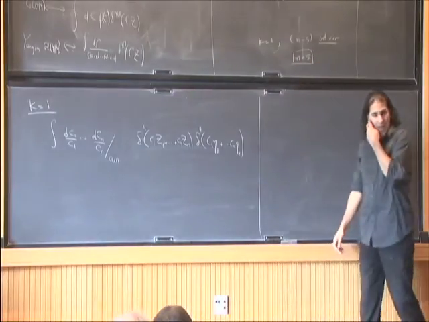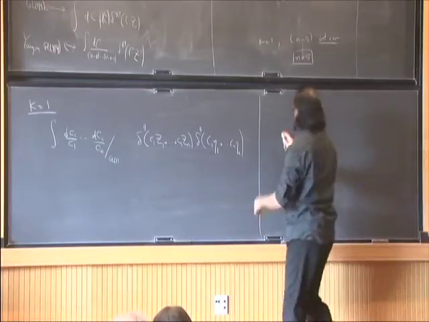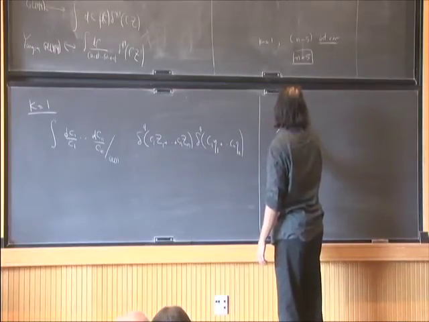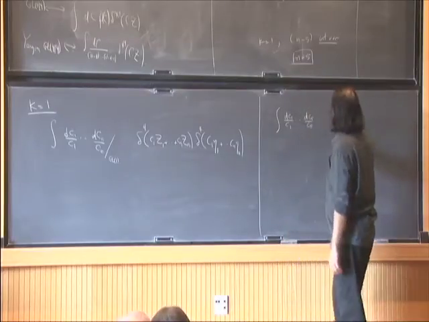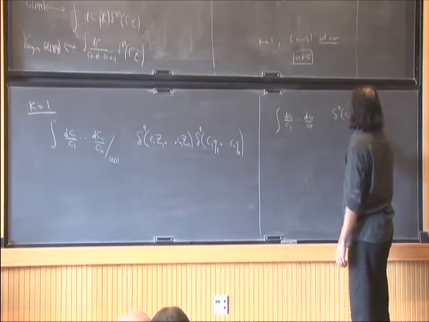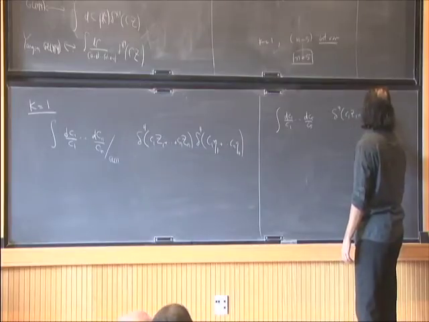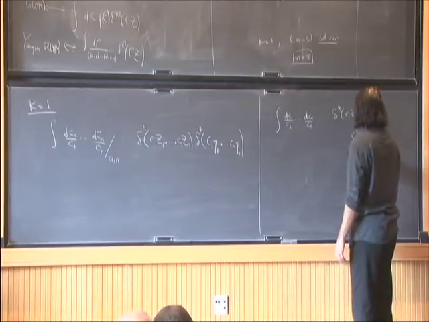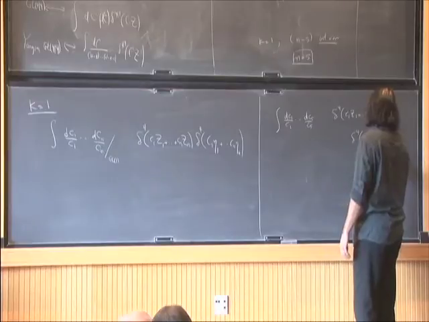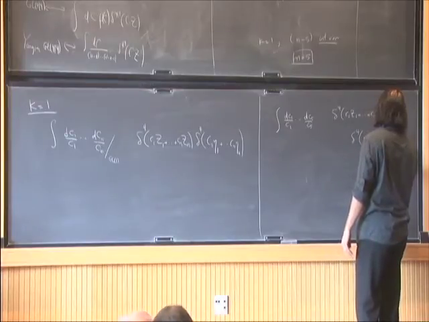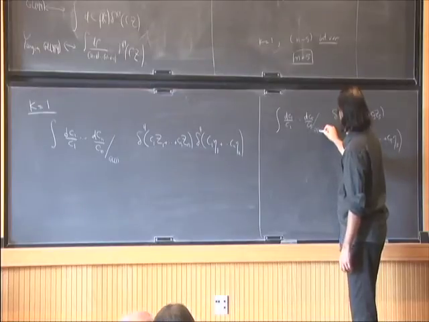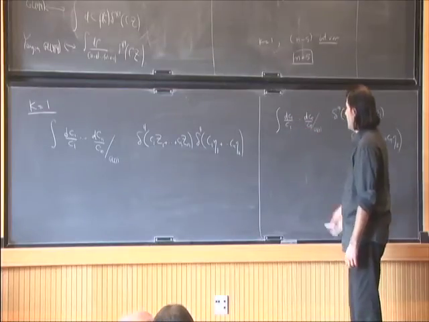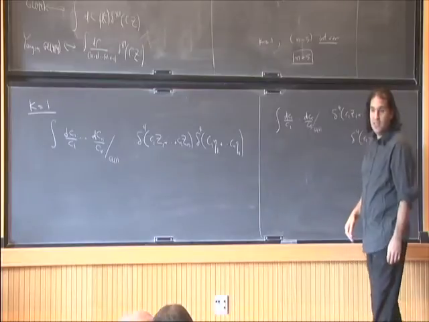If n equals 5, then I have dc1 over c1 up to dc5 over c5, delta^4 of c1 z1 plus ... c5 z5, delta^4 of c1 eta 1 plus ... c5 eta 5. Now, this modulo GL1, I can use to set any one of these c's to 1. Let's say I set c5 to 1.